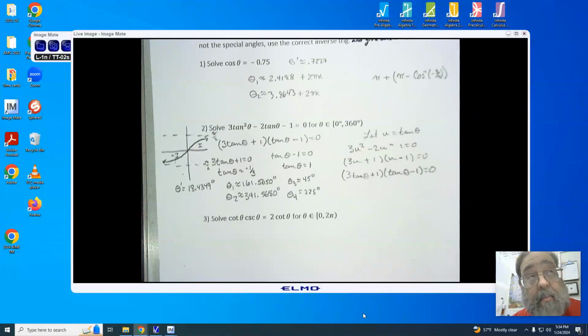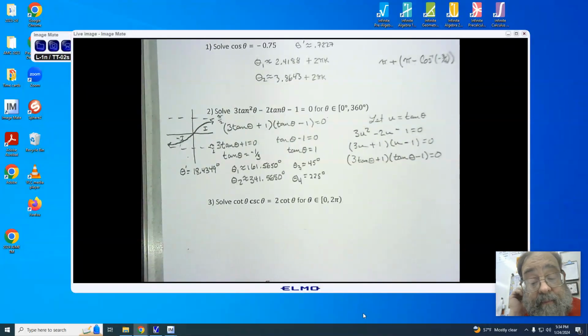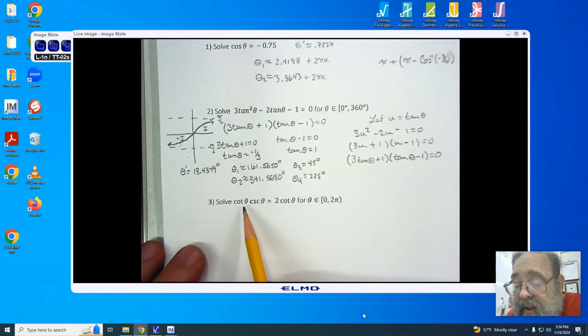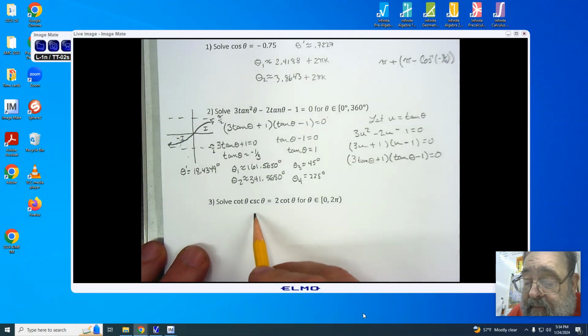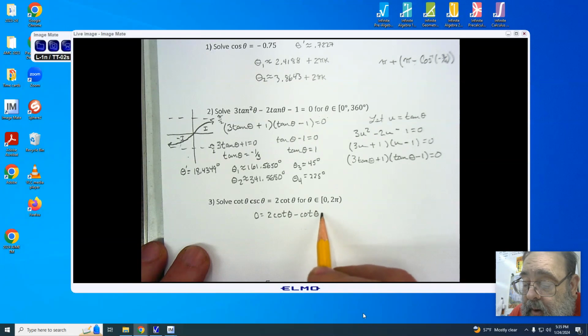I'm now going to go to number 3. Now in number 3, the best option is for us to move the cotangent theta, cosecant theta to the other side so that I have positive values with the largest coefficient. 2 cotangent of theta minus cotangent of theta cosecant of theta.